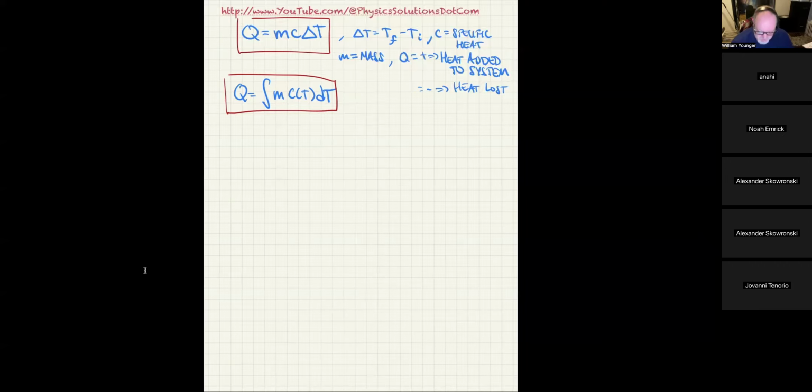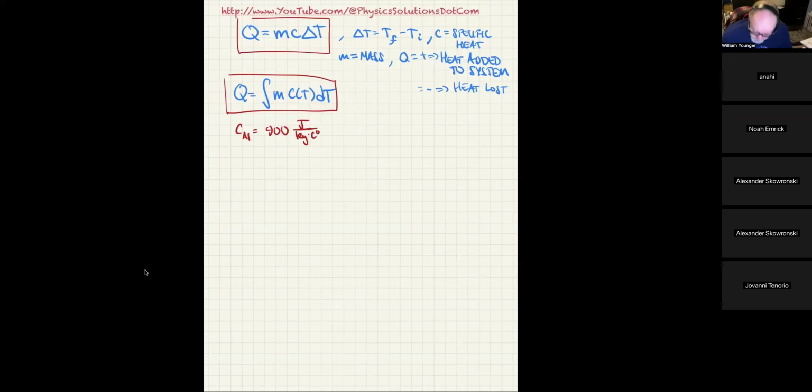So let me give you just a couple of ideas of what the specific heats are. For instance, the specific heat of aluminum, which is one of the things we'll use in our lab, is 900 joules per kilogram Celsius degree.